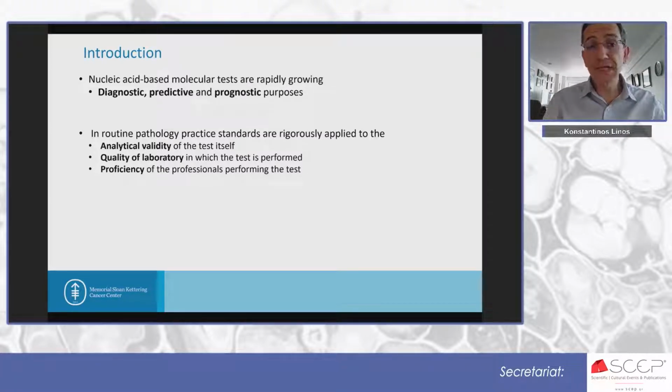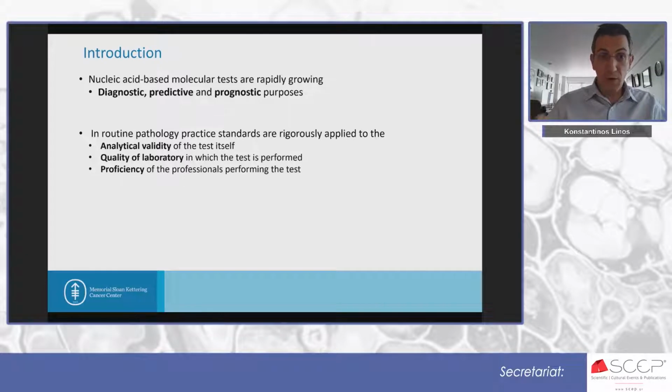It is routine in pathology practice that certain standards are monitored very closely, and there are many rules rigorously applied in certified labs. So you have to know what kind of certification the lab you're sending your specimens to has. I don't think public hospitals in Greece have any kind of certification, where somebody comes, inspects, and says everything is up to the standards. That is very important.